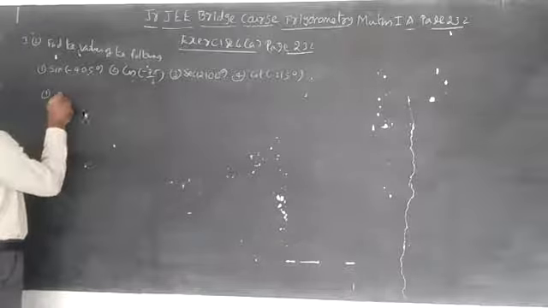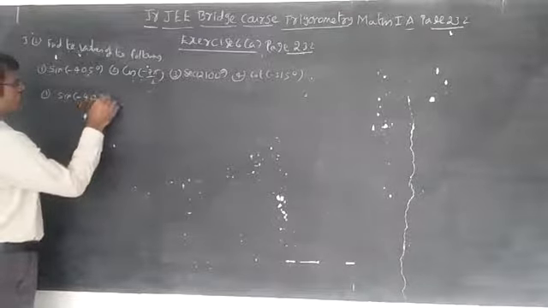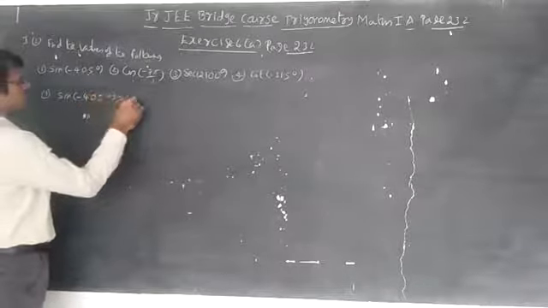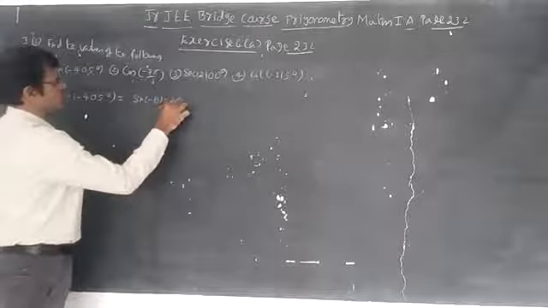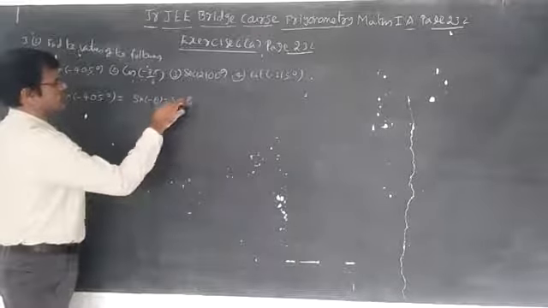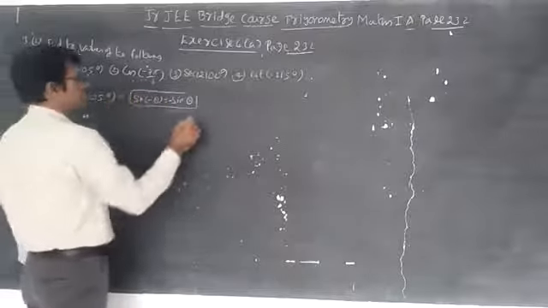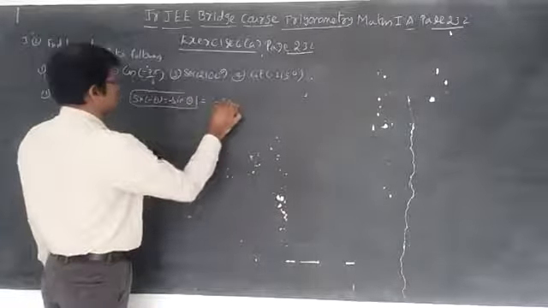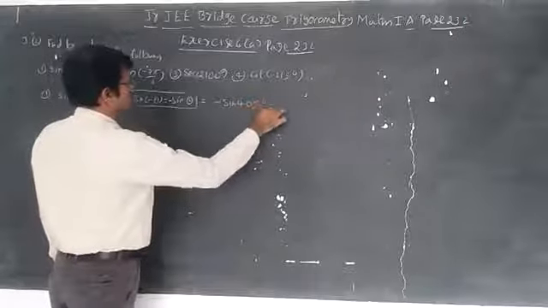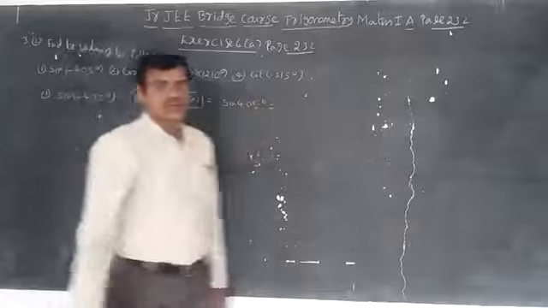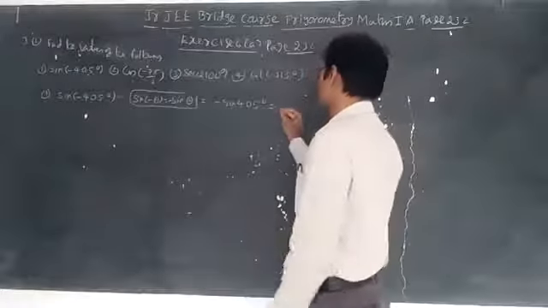Let us consider first one, sine of minus 405 degrees. The formula: sine of minus theta is equal to minus sine theta. So you can write minus sine 405 degrees. Depending upon allied angles, the values you can calculate.